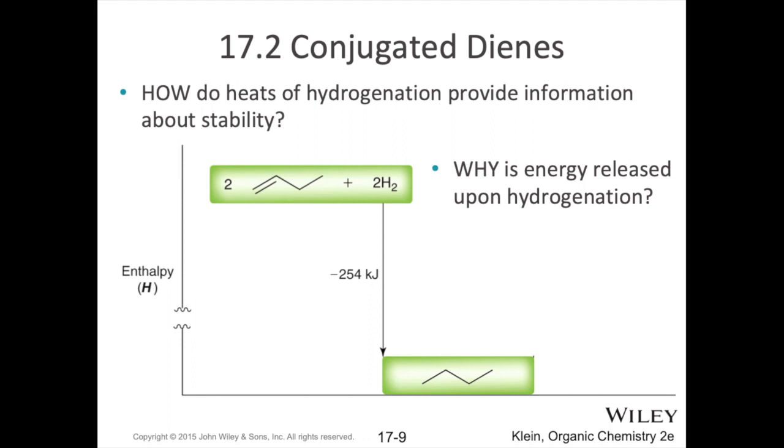All right, so when you're comparing your enthalpy of whatever reaction, in this case hydrogenation, typically the larger the enthalpy, the less stable your original chemical. Okay, and vice versa. If it's a smaller amount, that means it was more stable to begin with, and that's why it released less energy when it formed the more stable product.